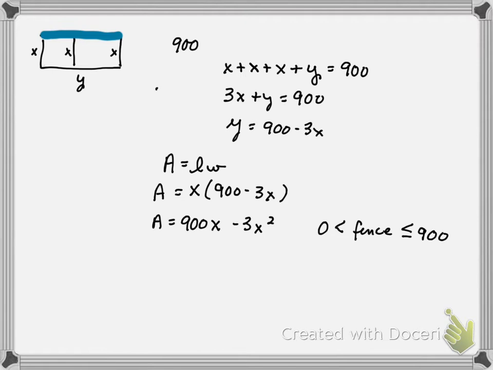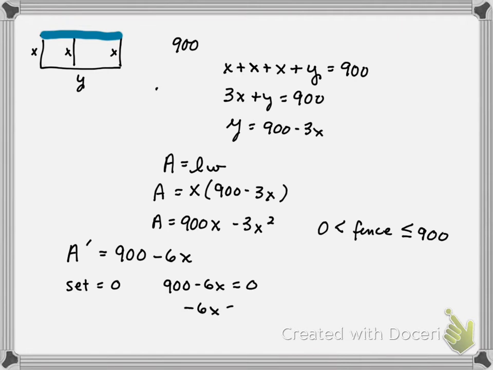So what I'm going to do is take the derivative of the area function. If I take the derivative of this, it's going to be 900 minus 6x. Okay? The next step is to set that equal to 0. So 900 minus 6x equals 0.